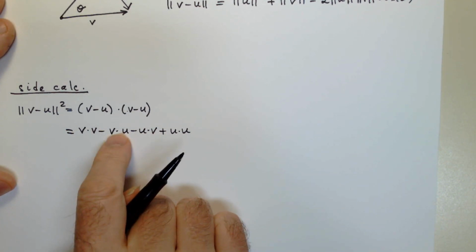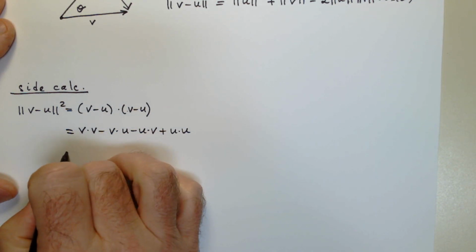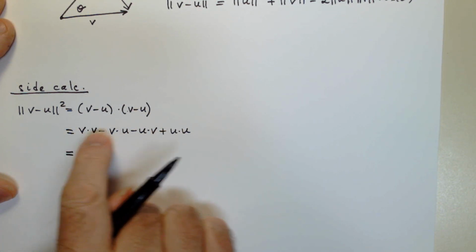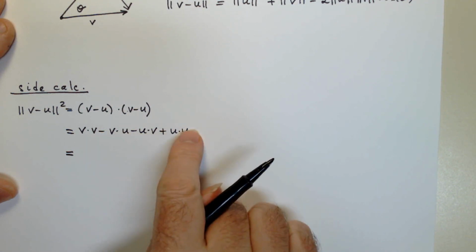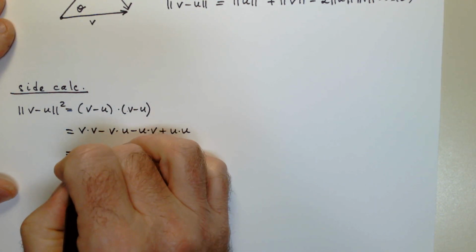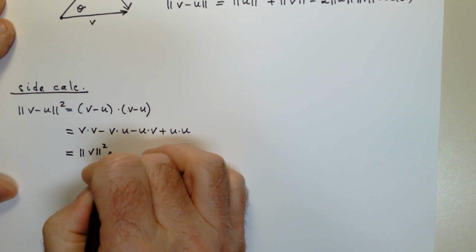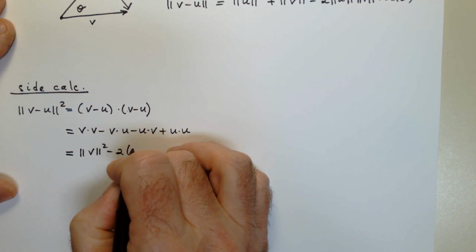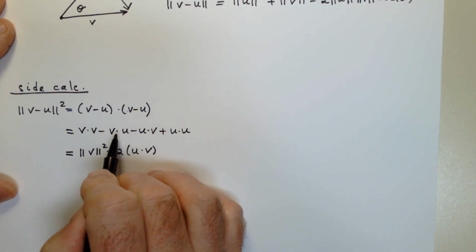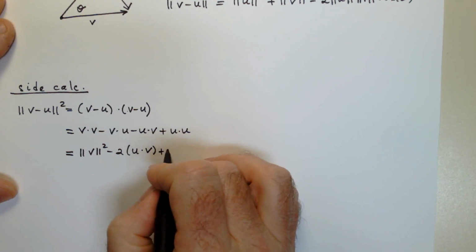Now let's use our commutative law. Let's flip this one, write this one as u dot v. At the same time, we'll reinterpret these as lengths squared. So this can be written as length of v squared minus 2 u dot v. That takes care of those two middle terms, and this is going to be the length of u squared.